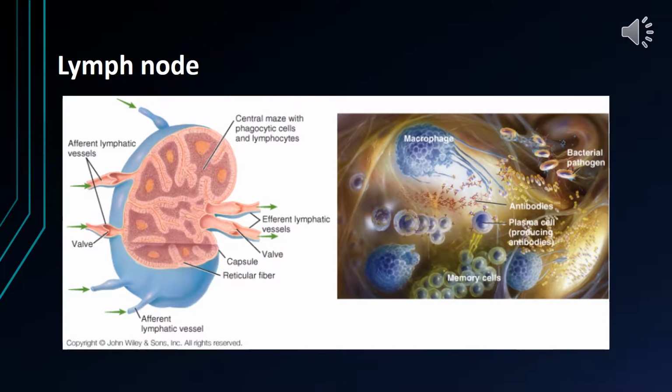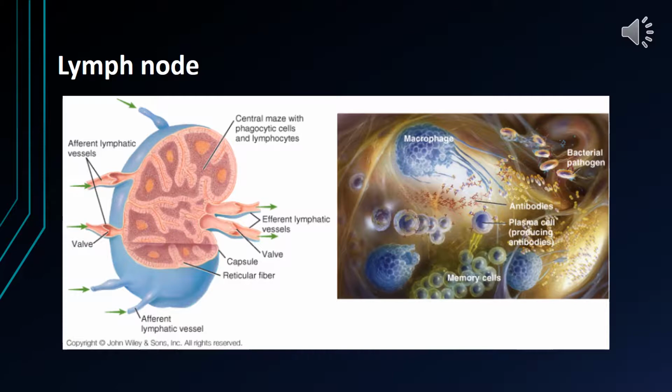So here's a picture of a lymph node, and as you can see, these essentially look just like a bean connected to the ingoing and outgoing lymphatic vessels. And it has the capsule of the lymph node labeled along with the reticular fiber, which is just what makes up the inside of this lymph node and forms the lumen.